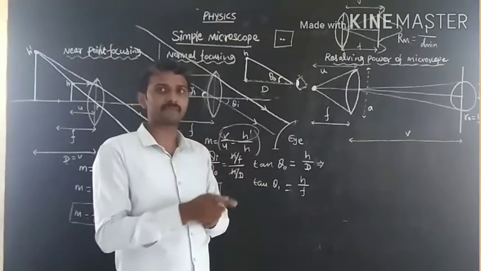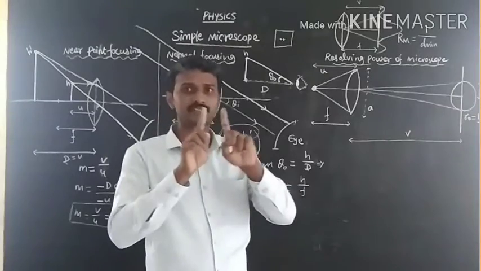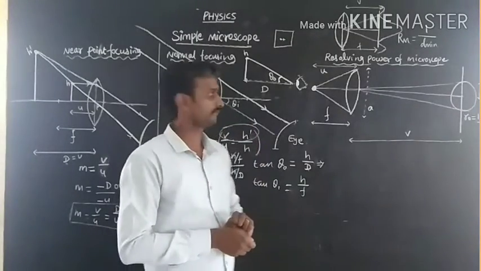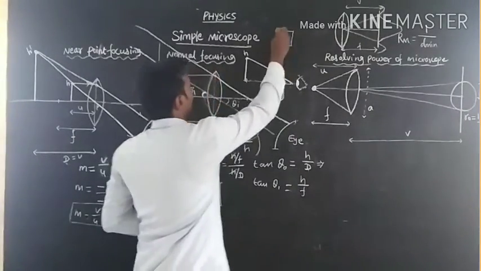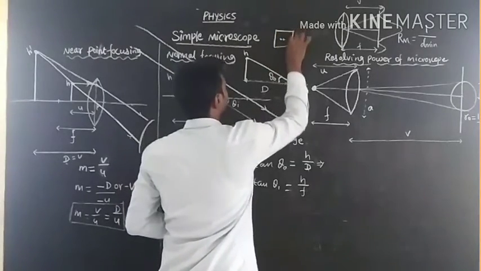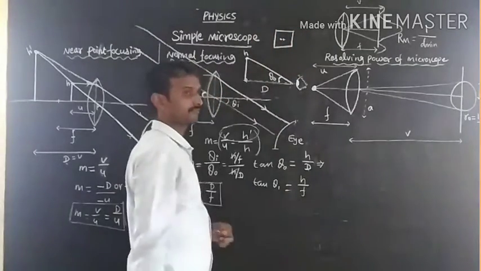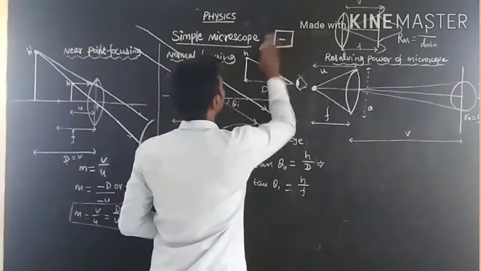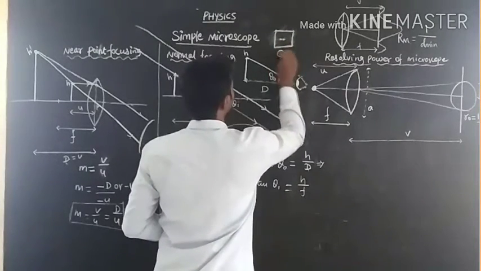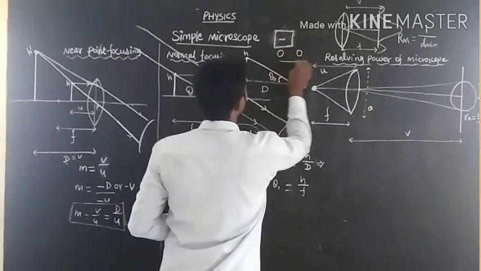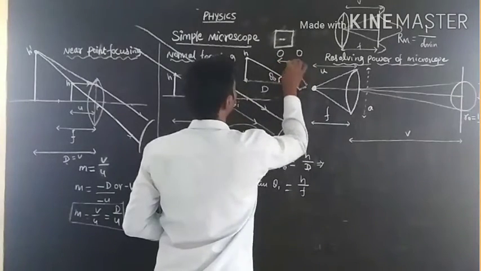In the magnified image, the distance between the 2 points increases. So, with the help of the unaided eye, the minimum distance between the two points is denoted by d minimum.